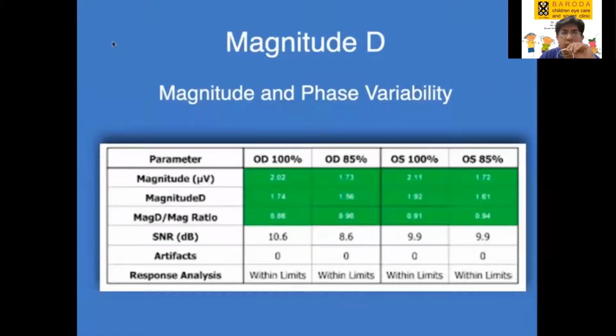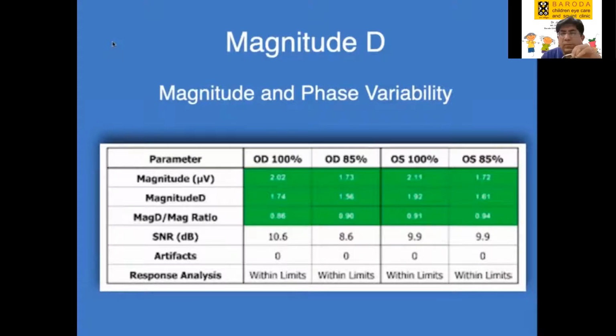What is the unit of magnitude D? I think magnitude D is maybe the same unit. It will be in microvolts, but with the phase variability, it is averaged out over a number of phases. Okay, but this shows that it has no unit. So how is it actually calculated?